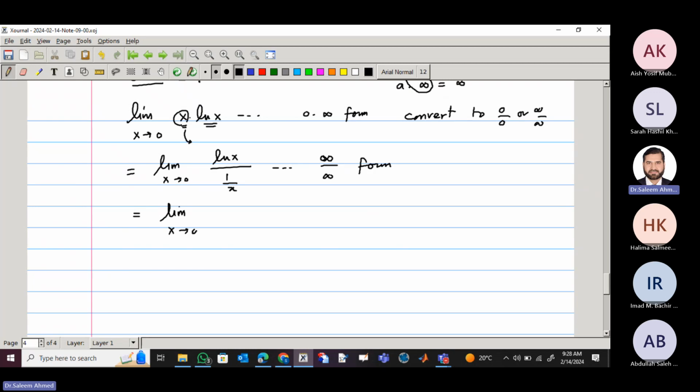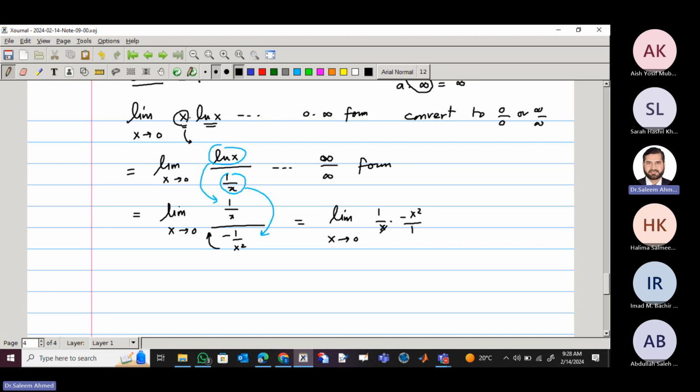So L'Hopital rule says that take the derivative of log of x. So the derivative of log of x is 1 over x, and divided by the derivative of 1 over x, which is minus 1 over x square. So now if I simplify, limit x goes to 0, 1 over x into minus x square by 1. Because if I bring this up now, it will become x square by 1.